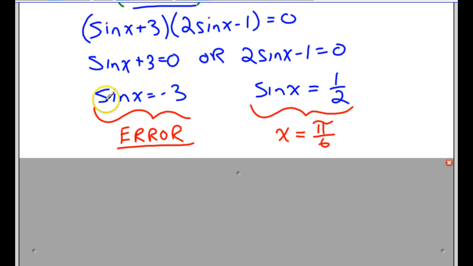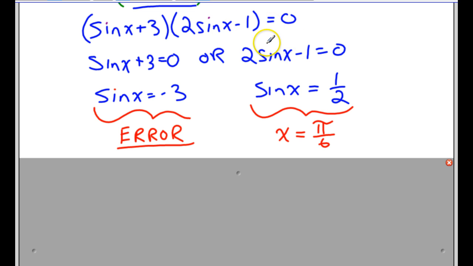The key point there is that because I'm looking for sine x, and sine by definition is the opposite divided by the hypotenuse, the hypotenuse being the longest side will force this fraction to always be between negative 1 and positive 1, that is, greater than or equal to negative 1 and less than or equal to positive 1. So this gives an error. Punch it into the calculator, you see an error. The reason for it is just, again, the definition of sine.